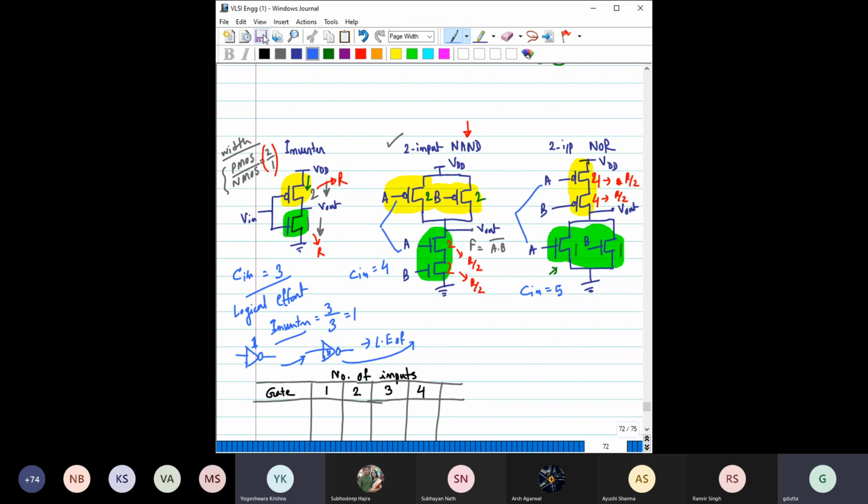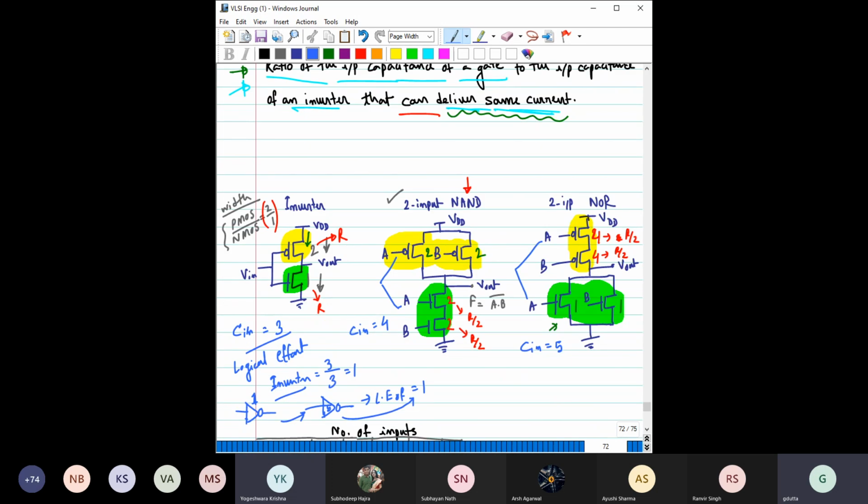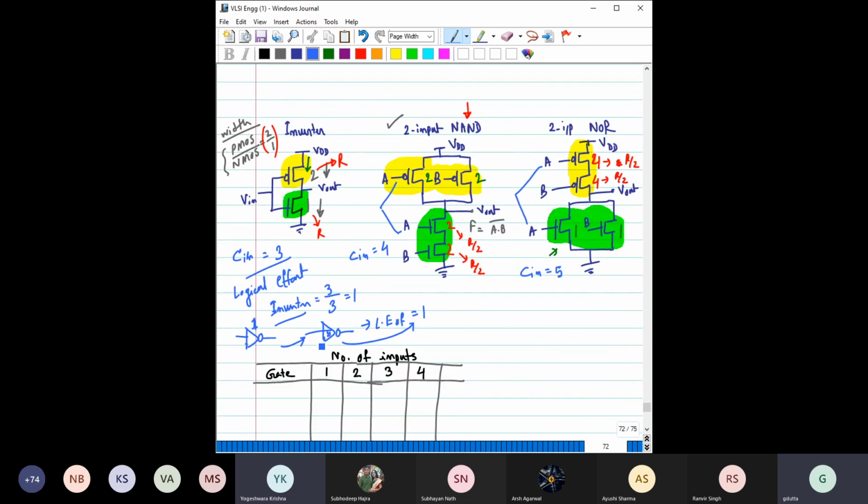One. 1 only, right? So the logical effort would be 1 because again, you see this definition, ratio of input cap of this particular gate to the input cap of this inverter which can deliver the same current, right? So if you make this 5 times, then this inverter has driving capability 5 times compared to this unit inverter.